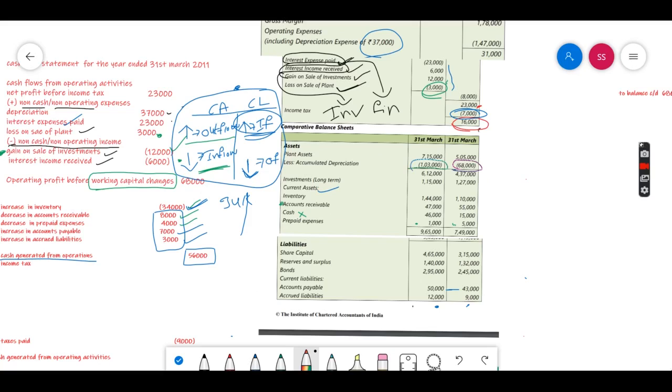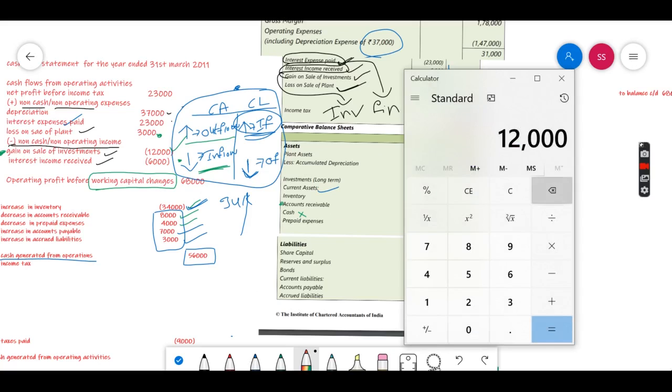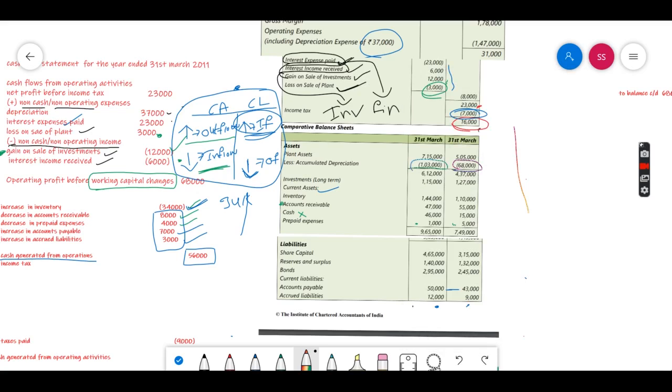So 1,03,000 minus 68,000 is 35,000, plus 2,000, which is the depreciation on the machine we sold. So total depreciation is 37,000, which is given in the question. We even considered that 37,000. So everything is tallying, whatever adjustments they gave and in the question also, right?